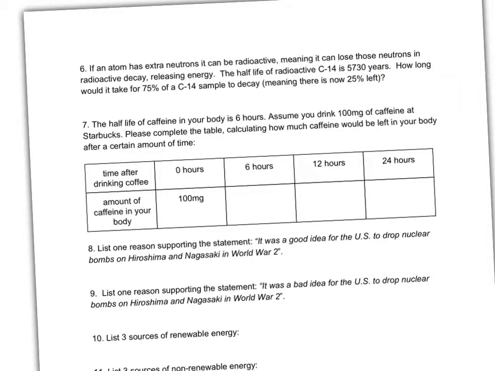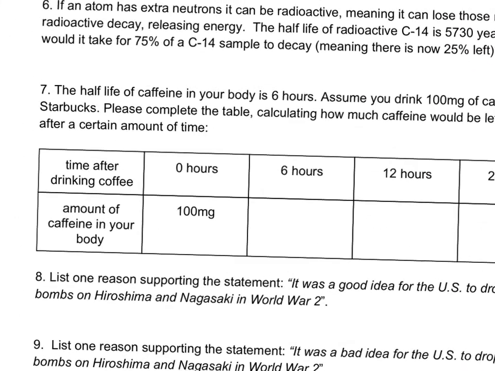How long would it take for 75% of a carbon-14 sample to decay, meaning there is now 25% left? So it would start with 100%, like this. And after half decayed, it would then have 50%. And once half of that decayed, it would then have 25%. So this means one half-life has passed and another half-life has passed.